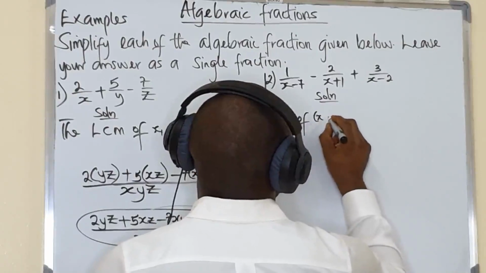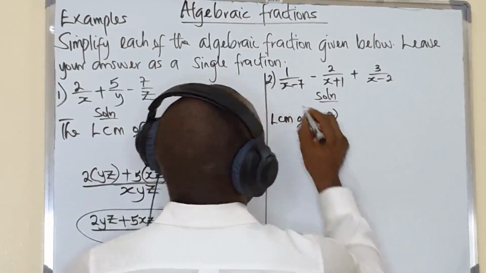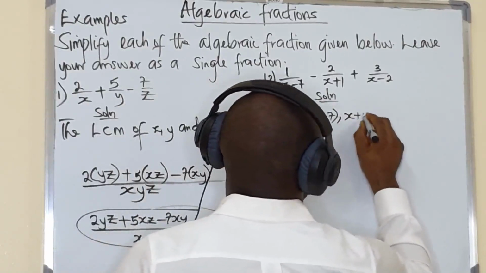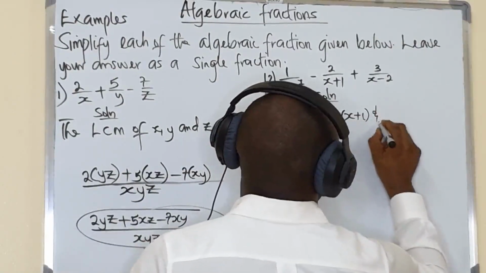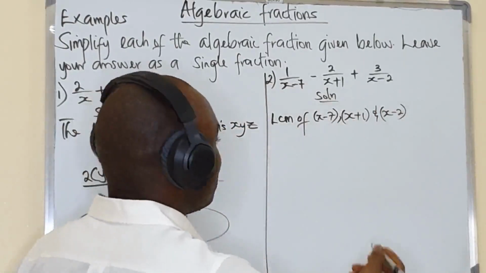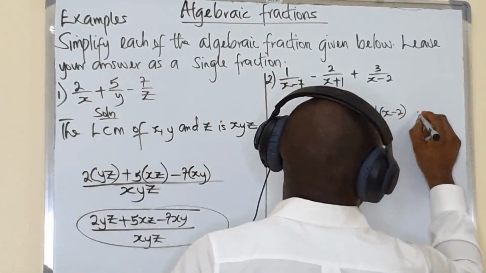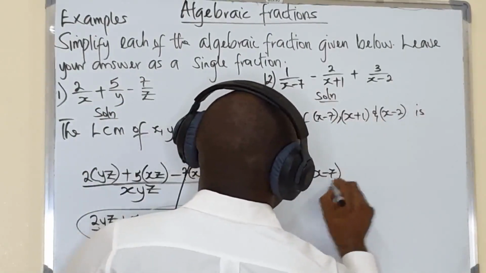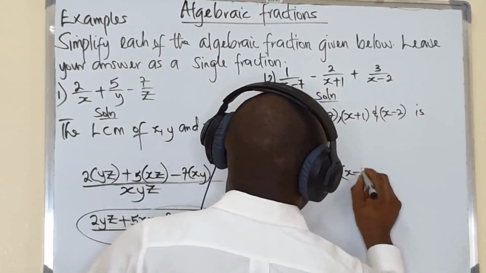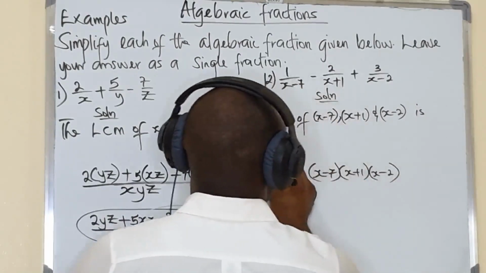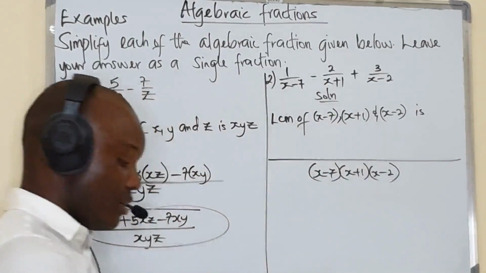The denominators are x minus 7, x plus 1, and x minus 2. Their LCM is simply multiplying the three of them together. So the LCM is x minus 7, x add 1, and x minus 2. They will form my denominator, so I'll be working with them the way they are.